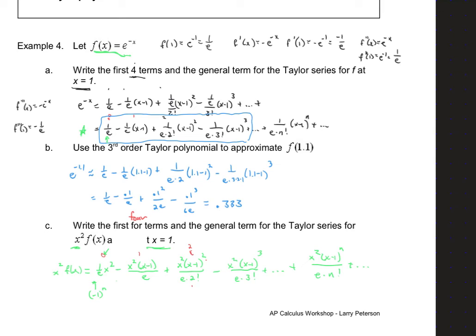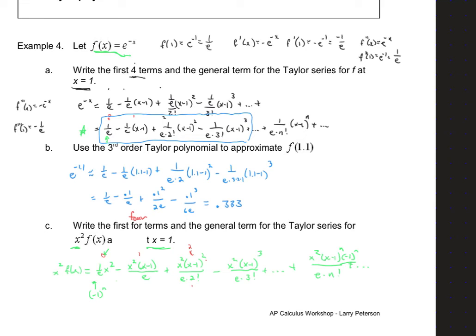Negative 1 to the 0, like anything else to the 0, is positive 1, and that's what I want. I'm going to tack that on at the end, and so that is going to be part of our nth term to get the alternating sign.